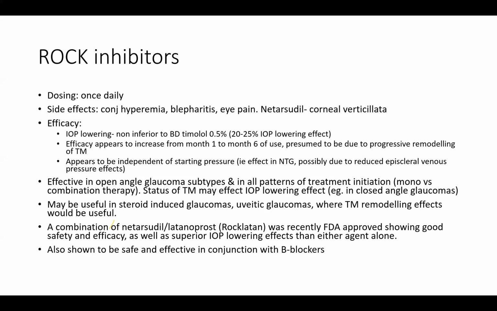So mono versus combination therapy, which I'll talk about in a minute. But obviously the status of the trabecular meshwork will affect how effective this agent is. So if you've got a closed angle with no trabecular meshwork accessible, then Rho kinase inhibitors will have little effect.